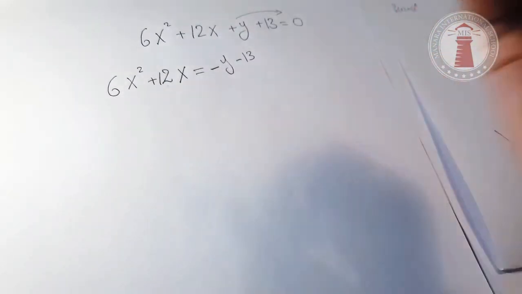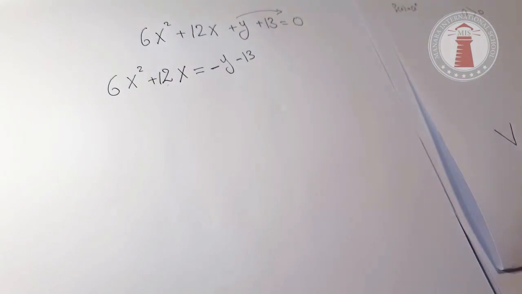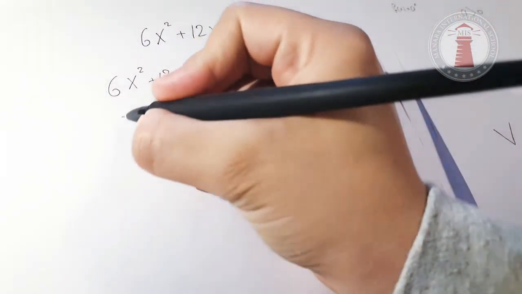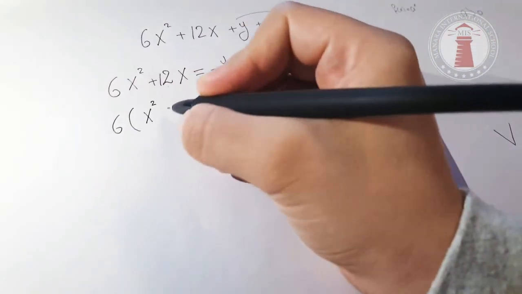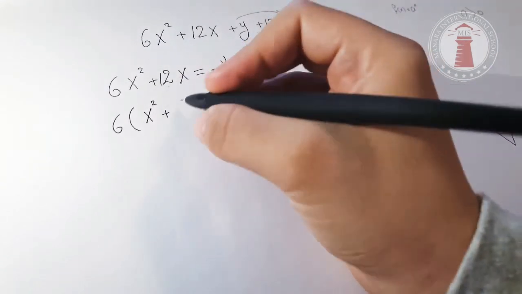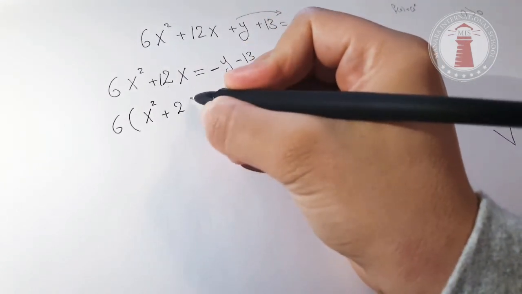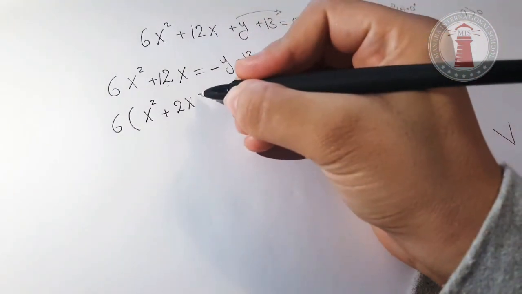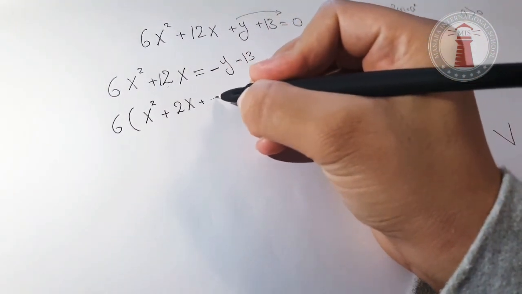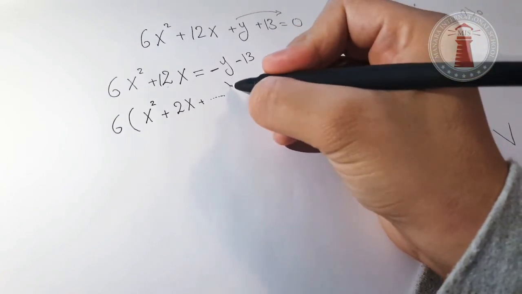In this case, the coefficient of x squared is 6. So we're going to put 6 out here, and then we have x squared plus what's left here, which is 2x, plus, I'm keeping this empty so I can show you what to do.